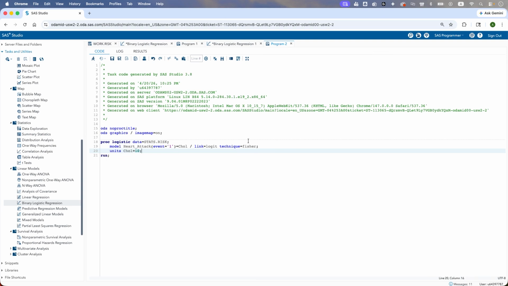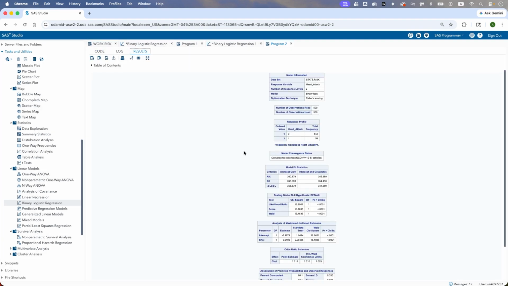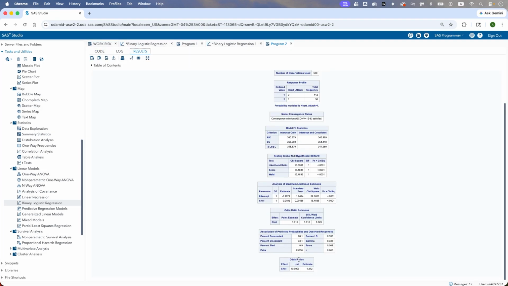Then I'm going to see another table down there. This makes sense. So subtract 1 from this, you're going to get about 0.212. Multiply by 100%, you're going to get 21%. What does this mean? It means a 21% increase in risk for every 10 units jump in the cholesterol. It's much more meaningful than before, right?